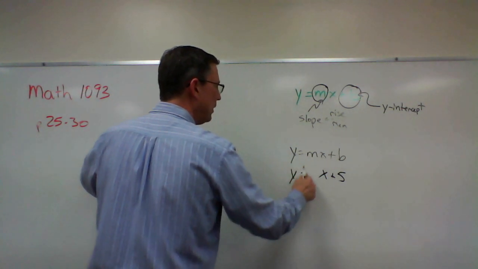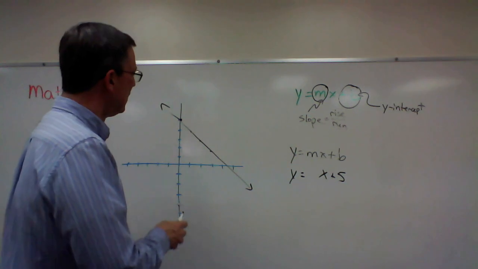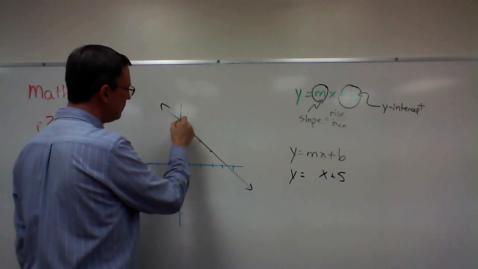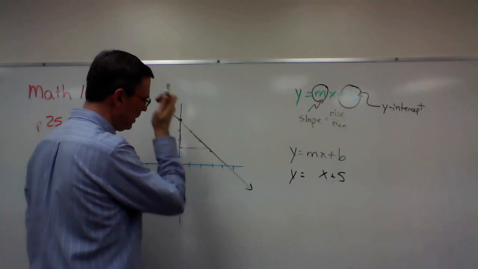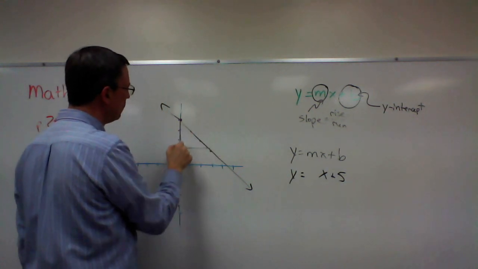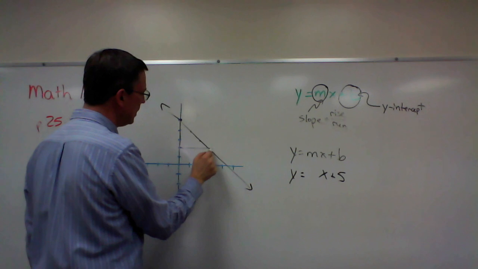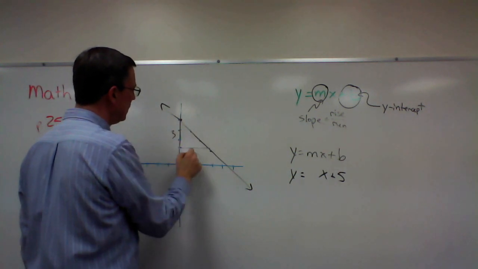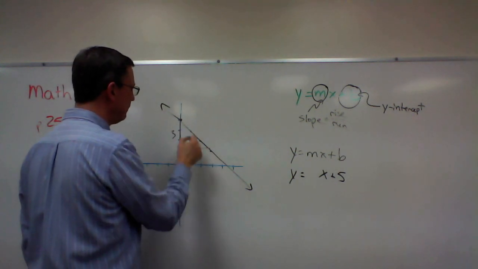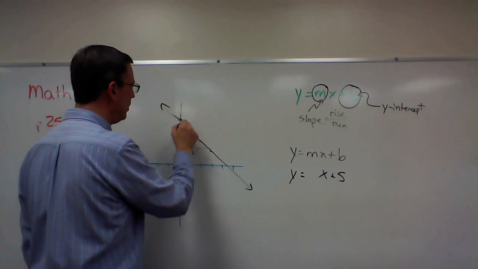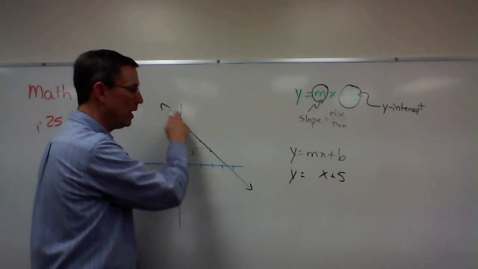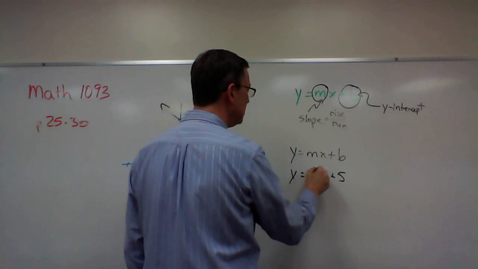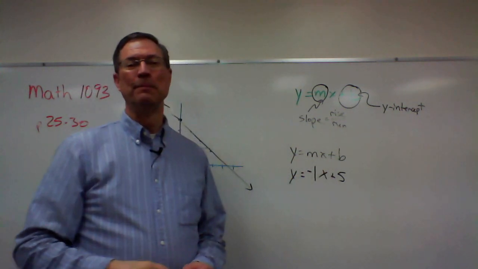All I need to do is figure out the m. And so we can look at the line and make a triangle, and figure out what is the rise over the run. 3 over 3, or you could say 4 over 4, or 5 over 5, and it's going downhill, so it is -1.